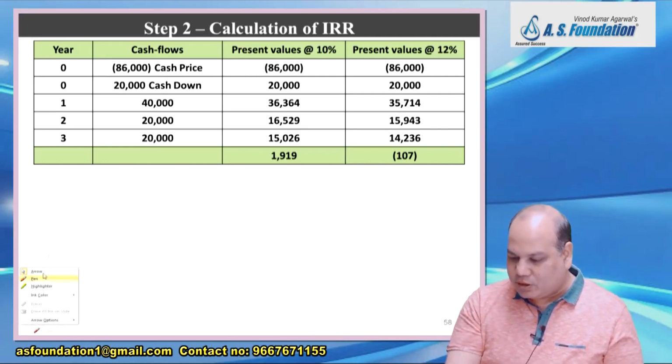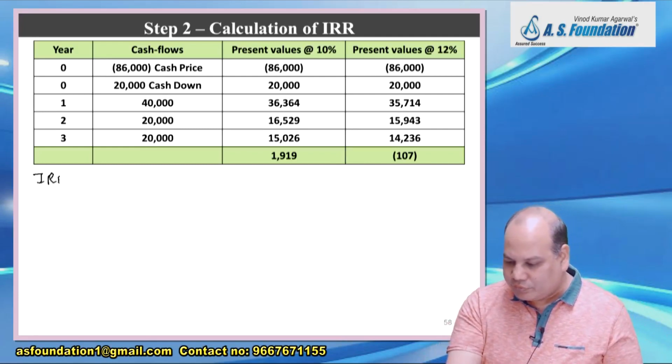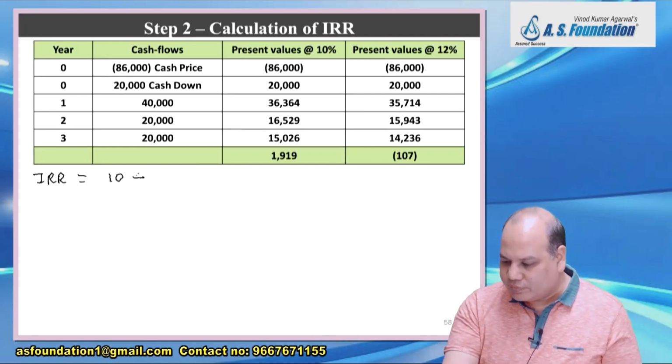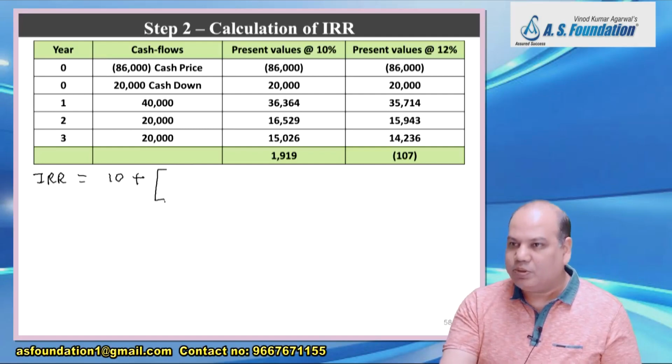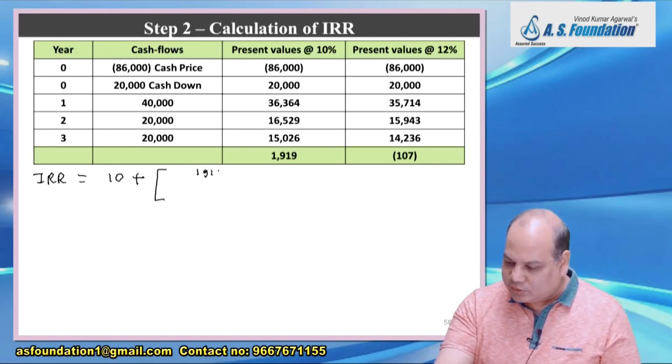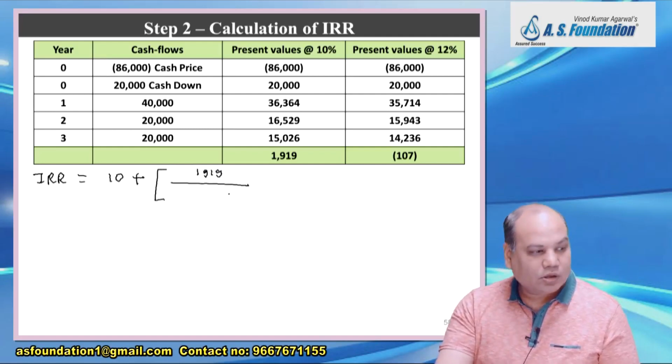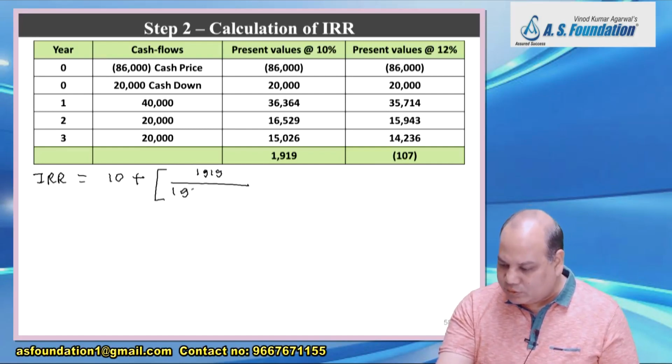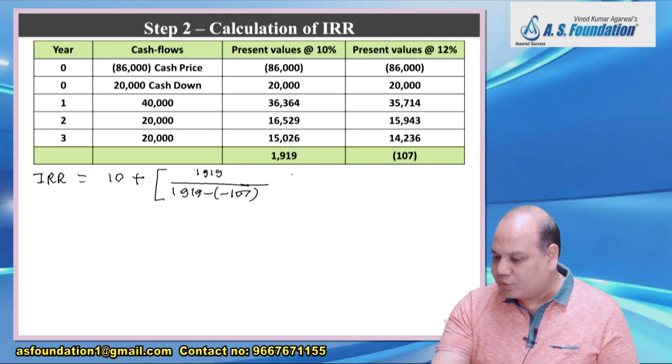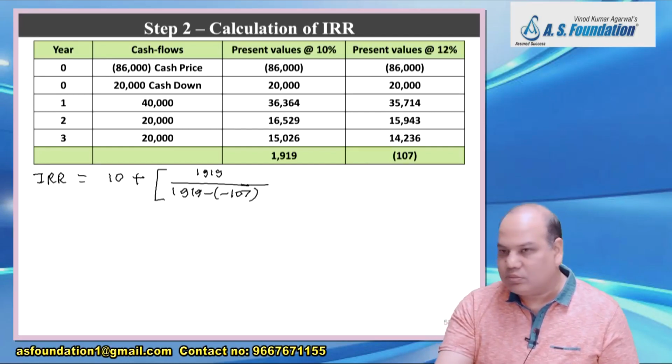So what is the formula? IRR is equal to lower discount rate 10, plus NPV at lower discount rate 1919 upon difference between two NPVs, 1919 minus bracket minus 107. If both are positive, then it will be just minus sign.